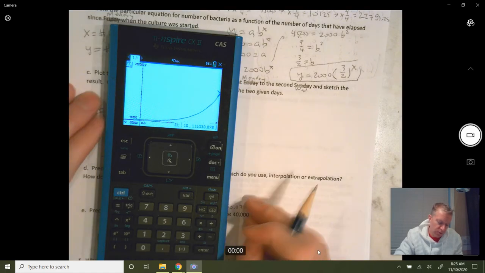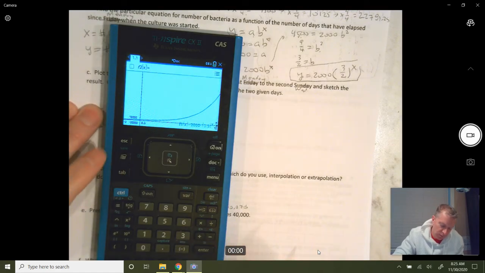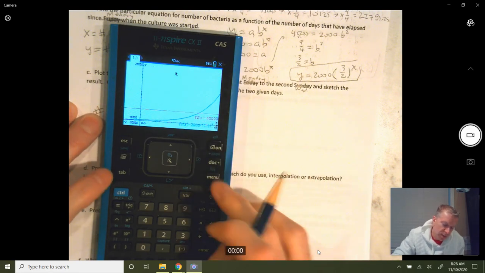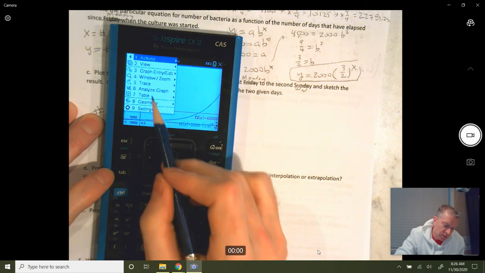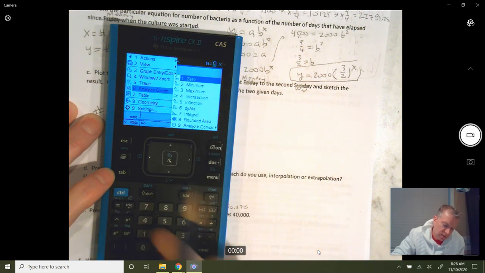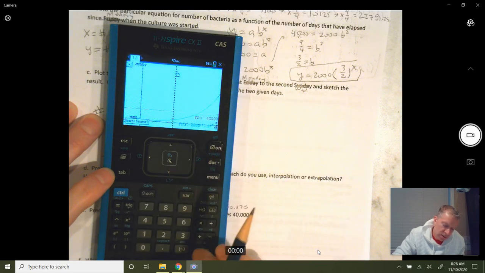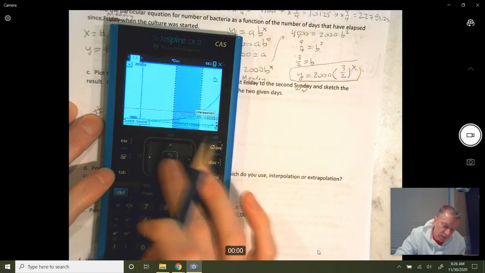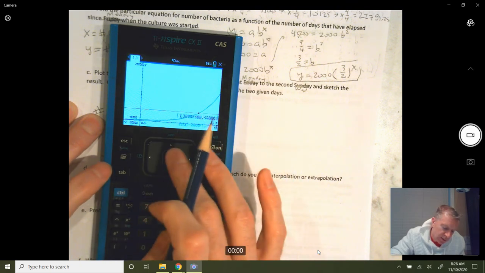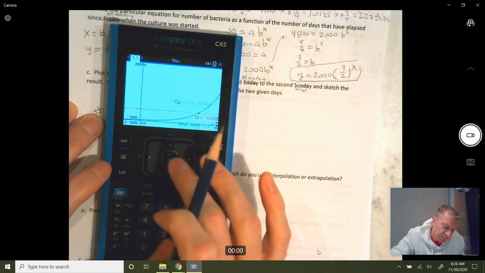Predict the day on which the number of bacteria reaches 40,000. Okay, so what we have to do here is type in y equals 40,000. And we're going to find that intersection. Okay, so menu, we could do analyze graph, find your intersection, hit enter, go over here, hit enter. It's tough to see that, but I think we can see it.